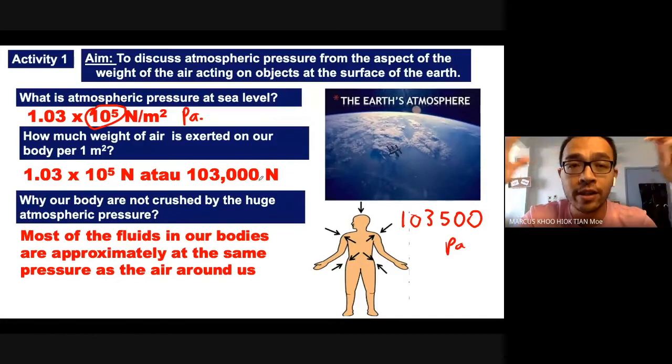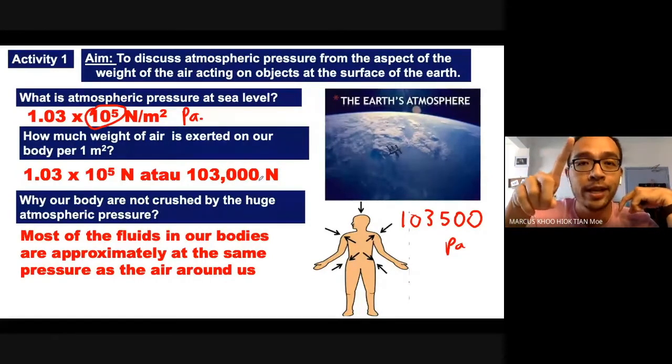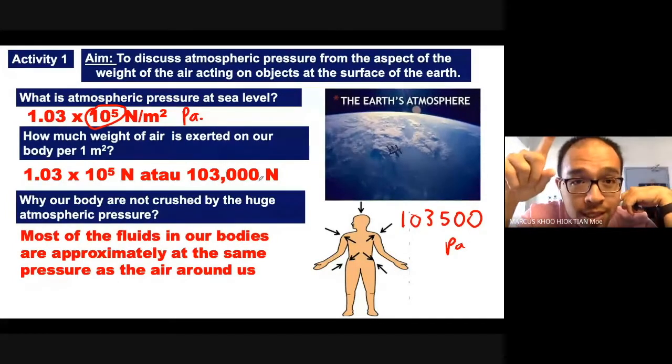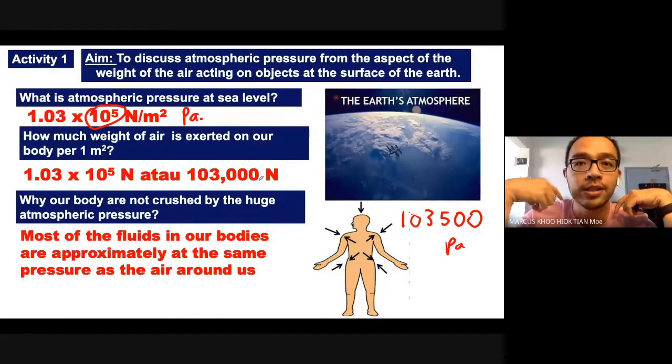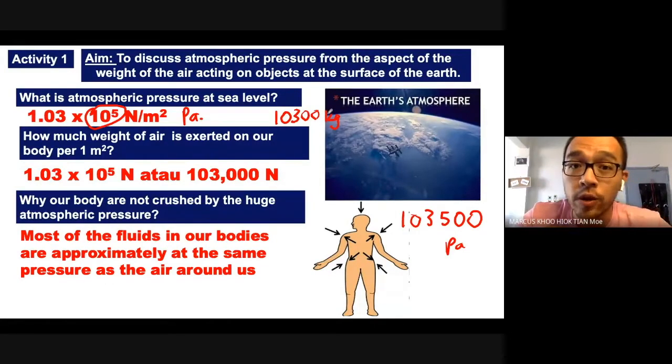I don't know if you have learned this before, but if you know how to count the area of your own body, every 1 meter squared is 103,000 newtons of force on you. Okay, let me give you realistically, 103,000 newtons is about 10,300 kg. About. Okay, lebih kurang.